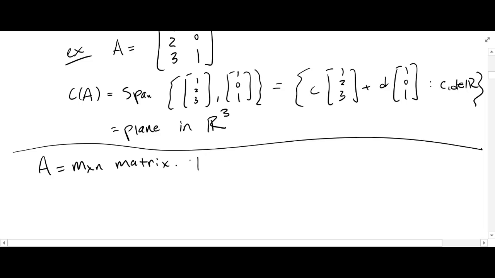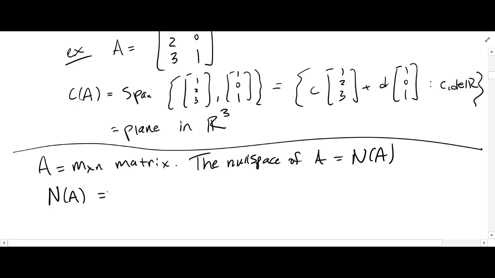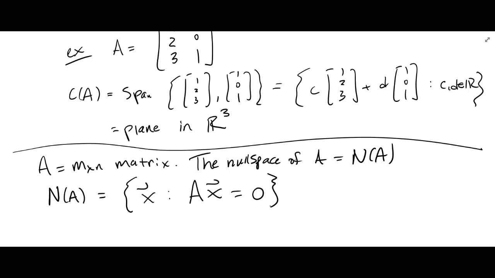The null space, which we denote by N(A), is the set of vectors x such that A times x equals the 0 vector. So any vector that when multiplied by A becomes 0 is in the null space of A.